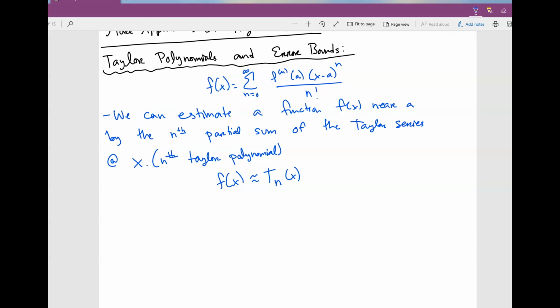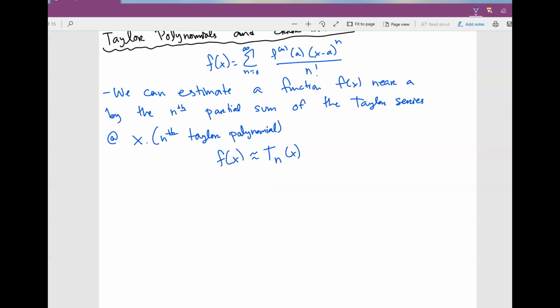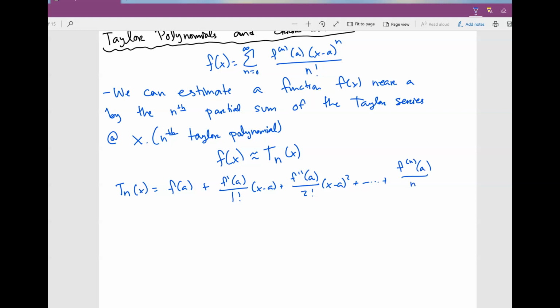If I expand this whole thing, the nth Taylor polynomial is going to be f of a plus f prime of a over 1 factorial times x minus a, plus f double prime of a over 2 factorial times x minus a whole quantity squared, and I can keep going all the way until I get to the nth derivative over n factorial times x minus a to the power of n.